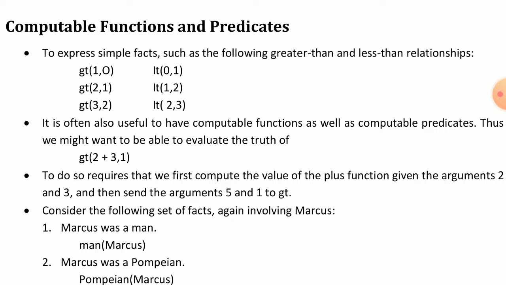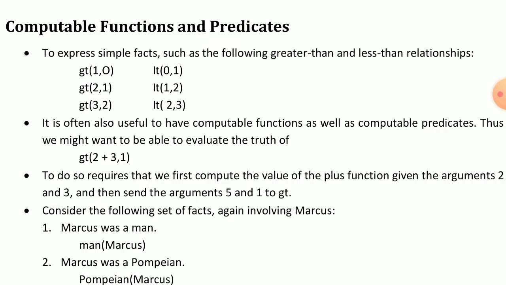Here we can take some functions and we can predict or guess the output of those functions, to express simple facts such as the greater than and less than relationship.